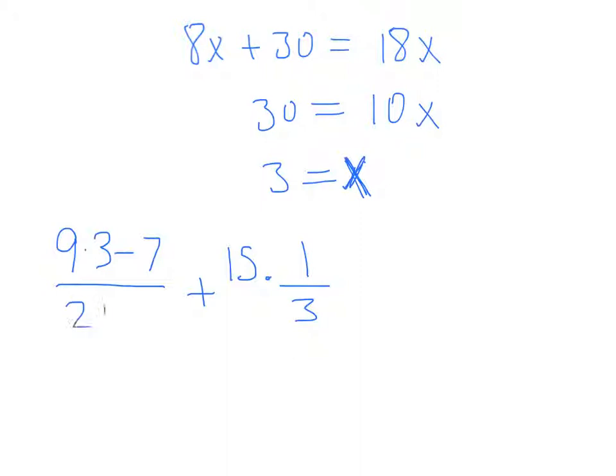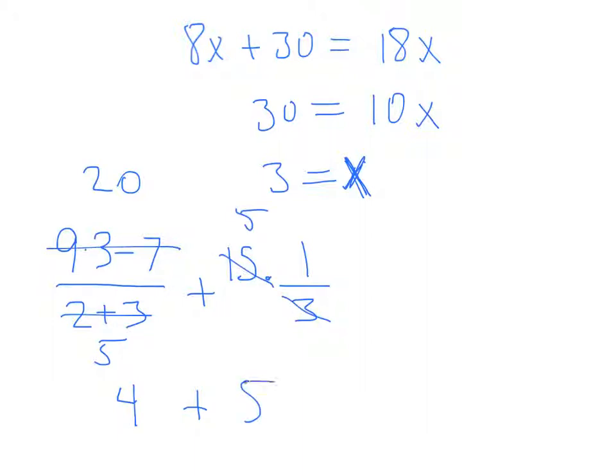So 2 plus 3. This would be 27 minus 7, which is just 20. And then this would be 5. So we've got 20 divided by 5, which is 4, plus, and then this would have canceled, giving us 5 times 1. And the result is 9. There, you checked it out.